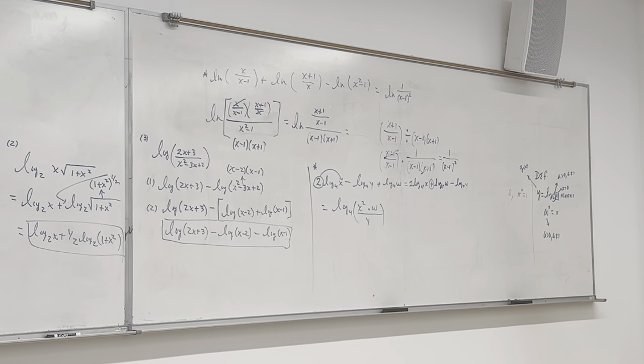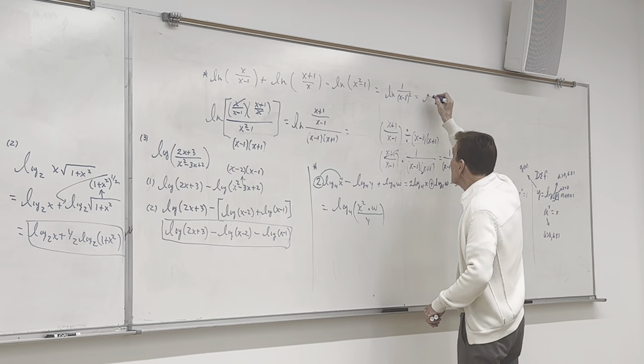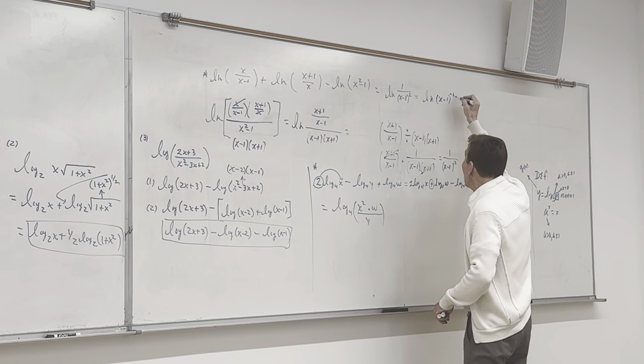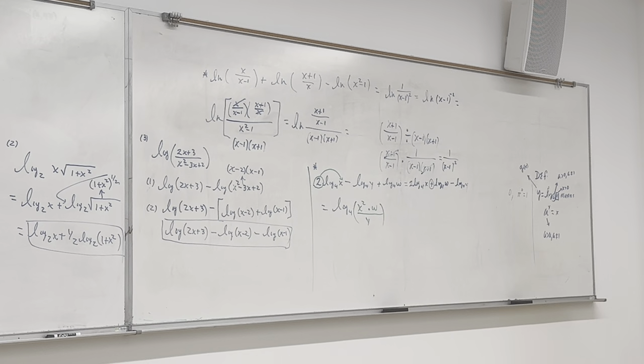Negative 2 ln x minus 1. Oh, are you saying here, Ignacio? It might be expressed like this. Could that 1 over x minus 1 squared be written as x minus 1 raised to a negative 2? And then apply what? The power property?